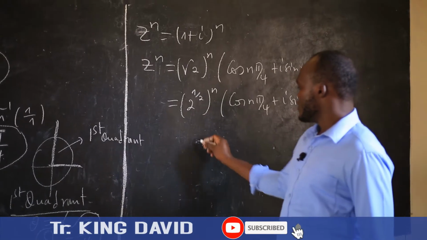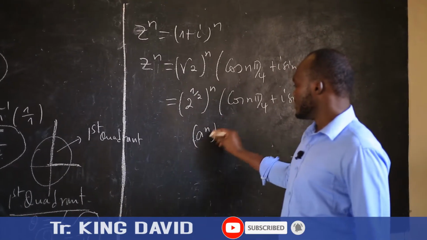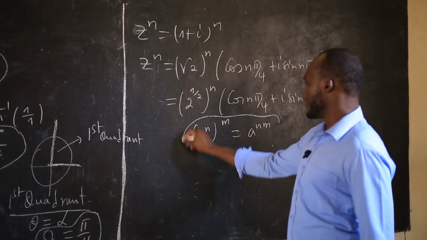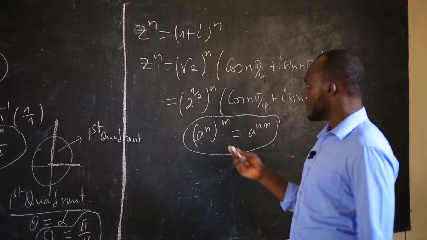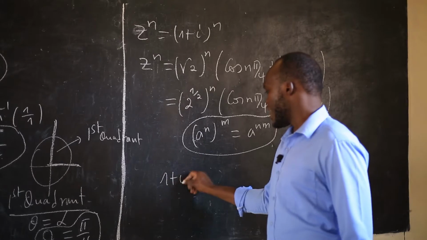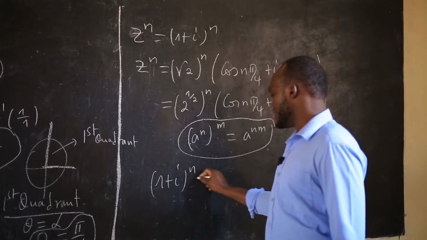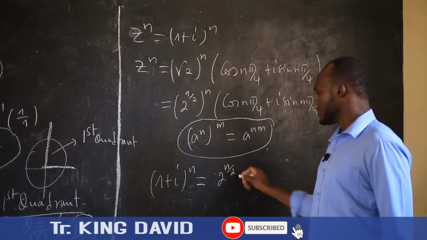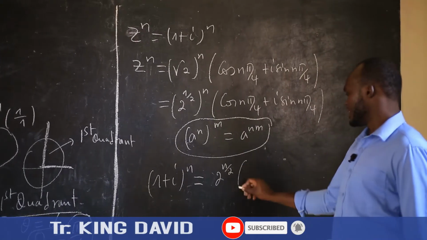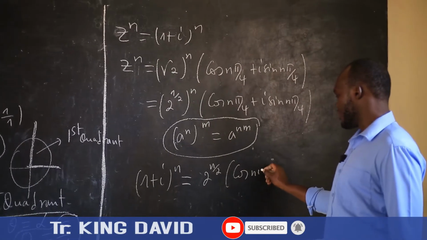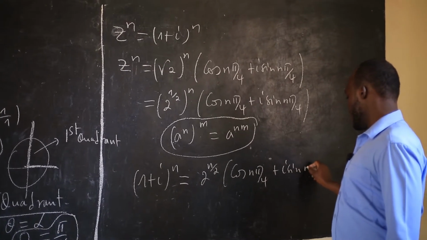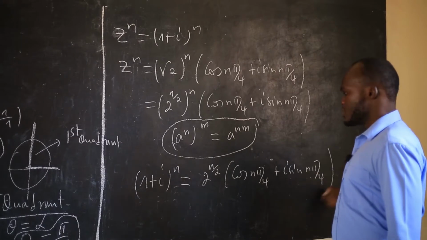Then, you know that when you have (a^n)^m, the answer is a^(nm). I think you remember this. So (1 + i)^n equals 2^(n/2) (cos(nπ/4) + i sin(nπ/4)). What does it mean?